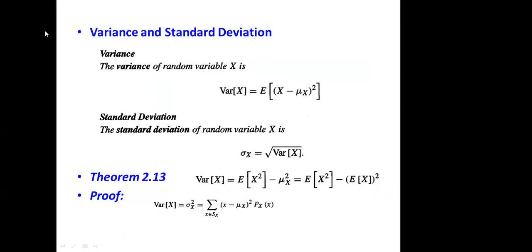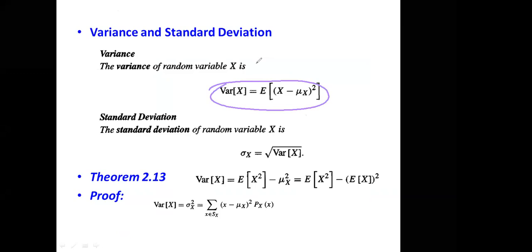The thing is, variance is what? Actually, the variance is something like this one. It is the expected value of x minus mu x, squared.